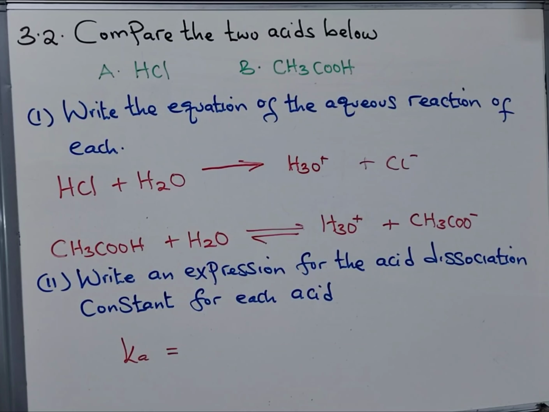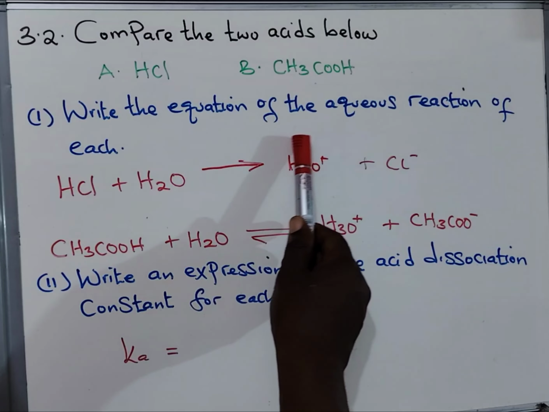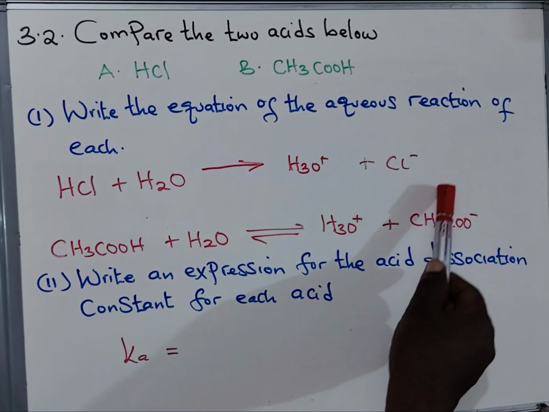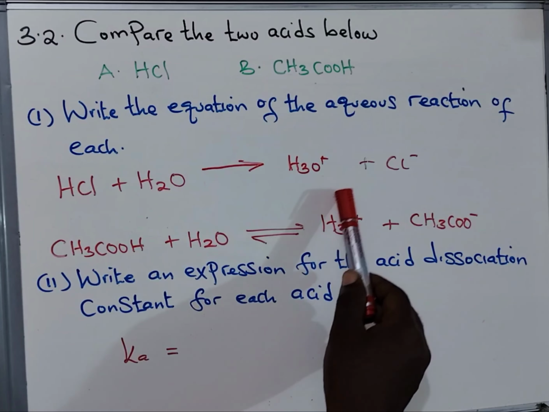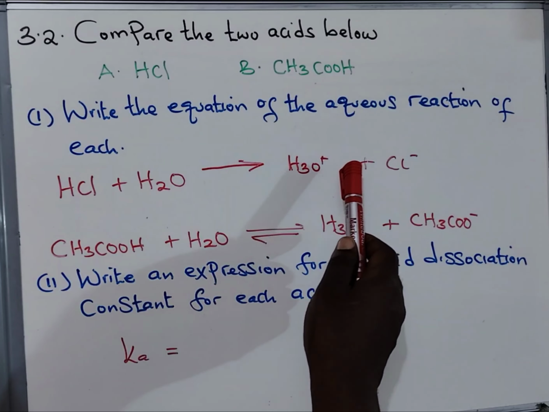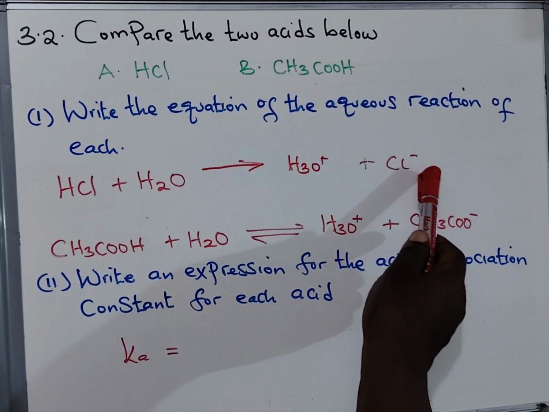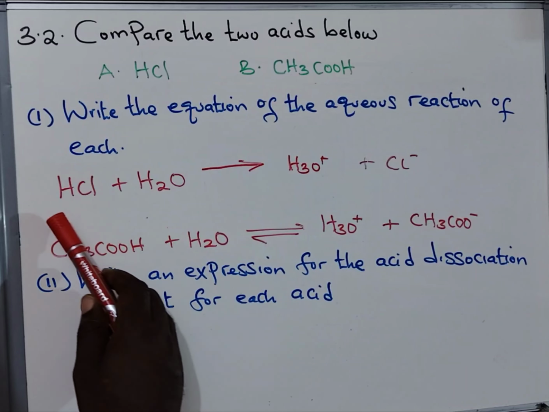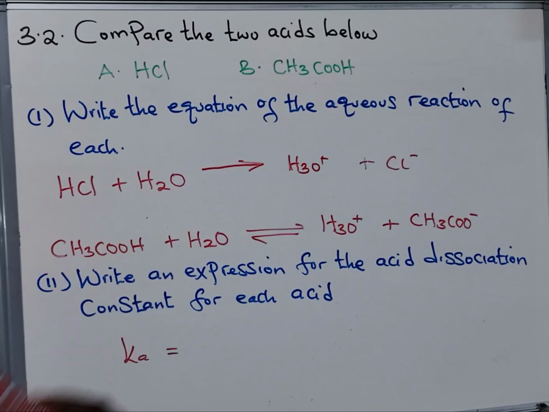And the Ka is an equilibrium expression like the one we write in chemical equilibrium. It is the concentration of the products over the concentration of the reactants.